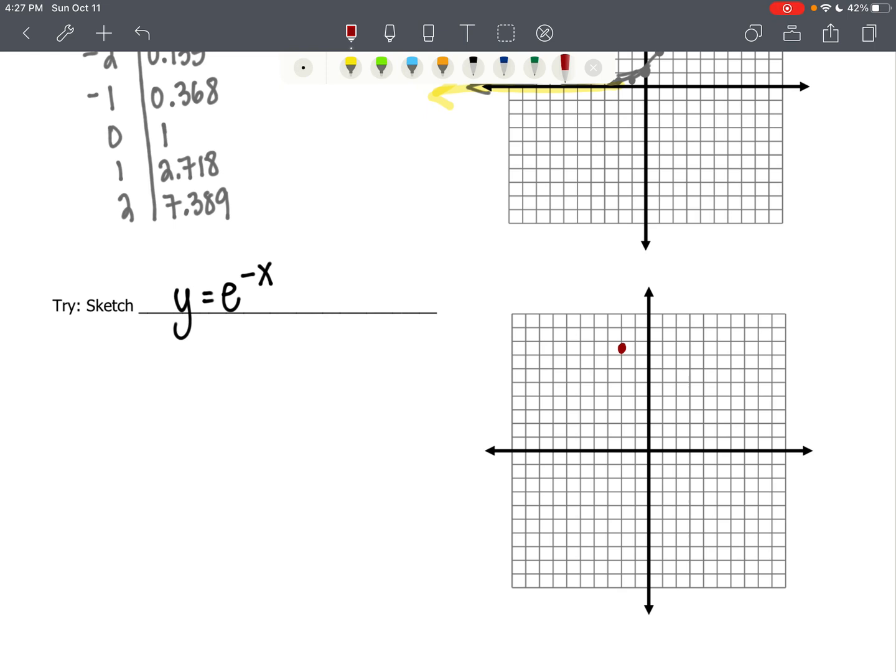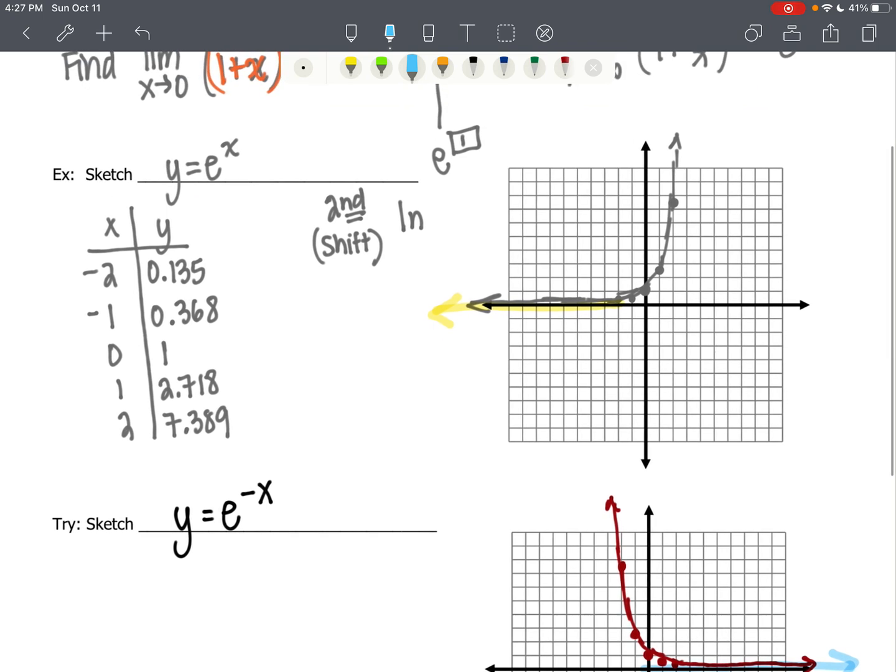You put in a -1 and you got out 2.7-ish. You put a 0 in and you got a 1 out. Put a 1 in and you got about 4/10 and then about 1/10. And hopefully you saw that your graph is decreasing from left to right with a horizontal asymptote at y equals 0.